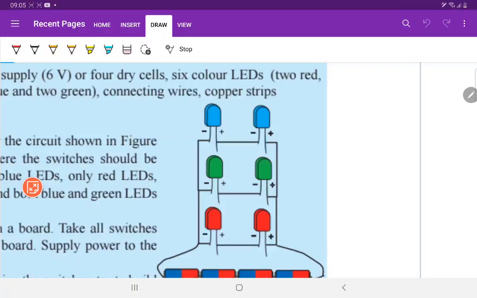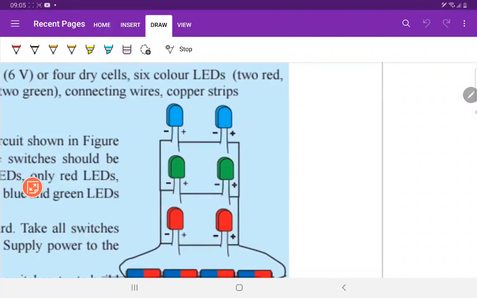So how do you draw the circuit diagram for this? So the circuit diagram will be like this here.